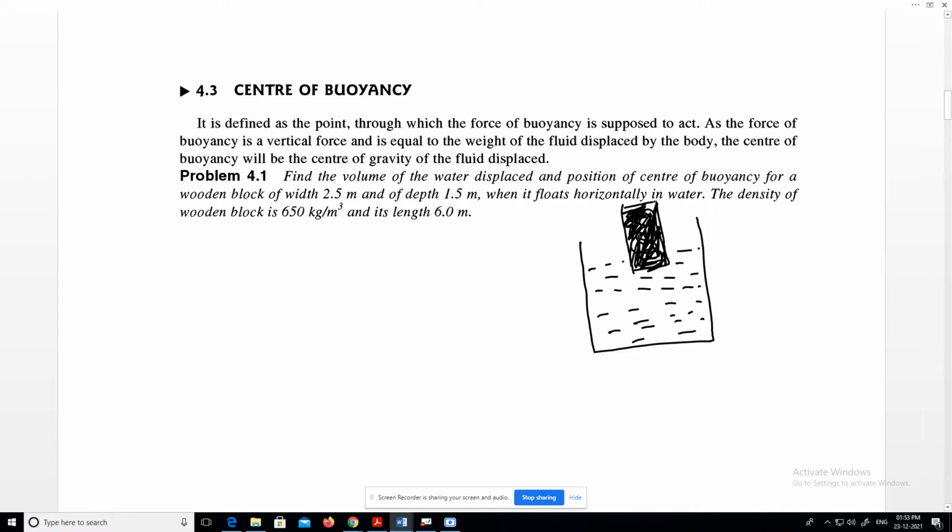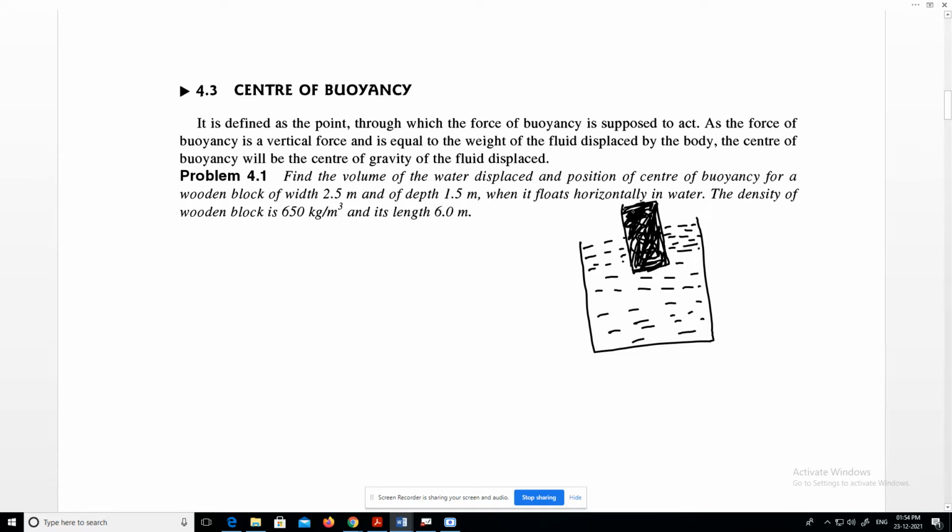Okay, this is a wooden material, and it is dipped. Now see, part of the volume is submerged in water and the remaining volume is exposed to the air.